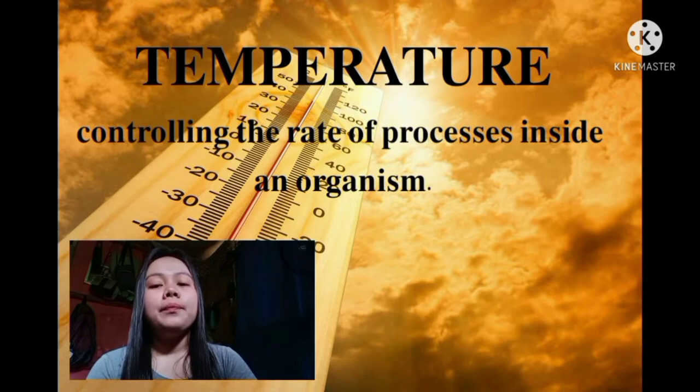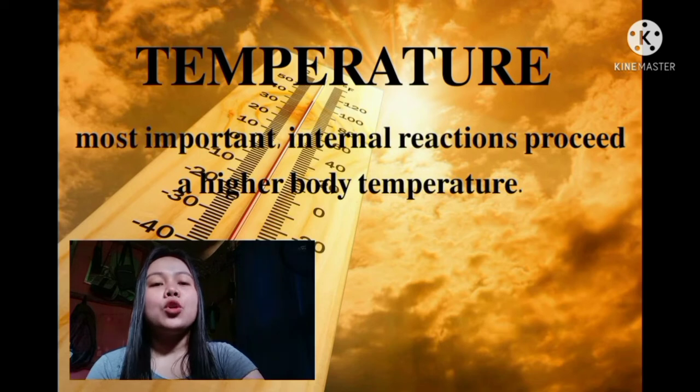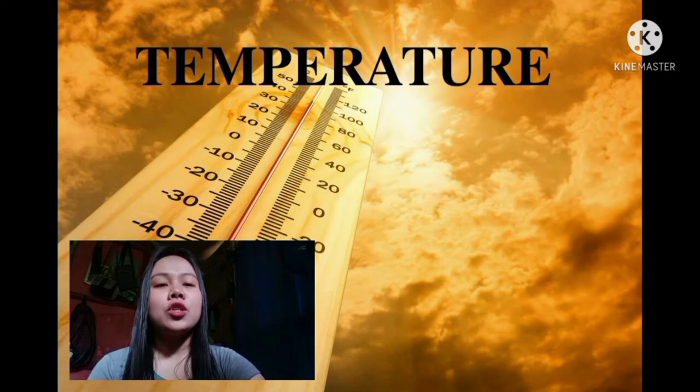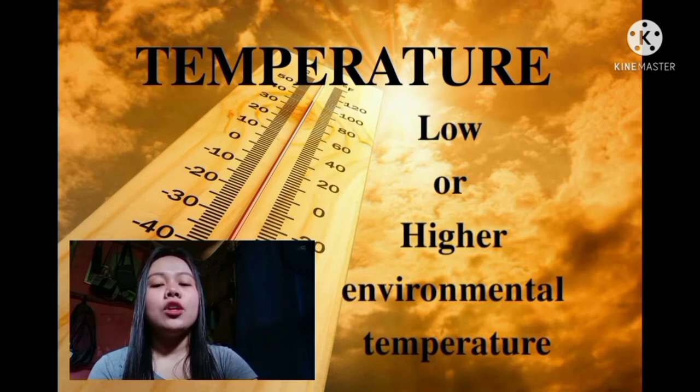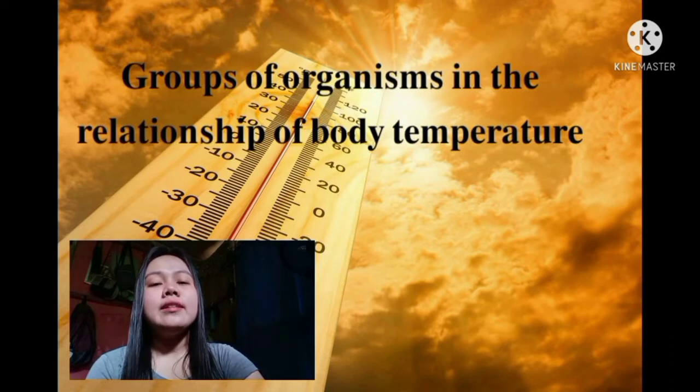In general, most internal reactions depend on body temperature, and on the low or high temperature of the environment. So there are groups of organisms which fundamentally belong in a relationship of body temperature.